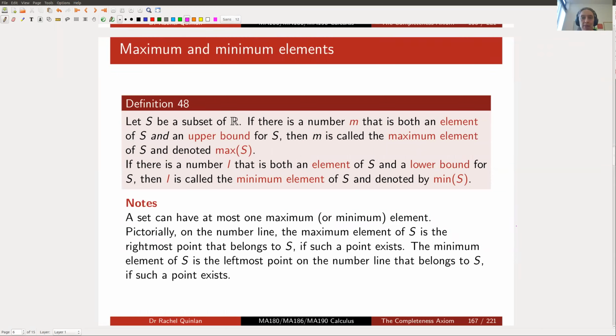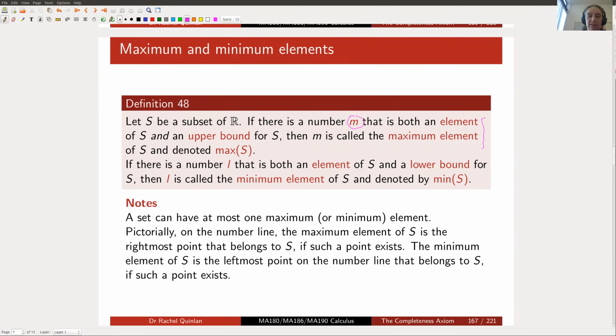And here again is a probably overly fussy version of the same statement. If we have a subset of R and there's a number M that's both an element of the set and an upper bound for the set, then M is called the maximum element of S, or greatest element of S, and denoted max S.